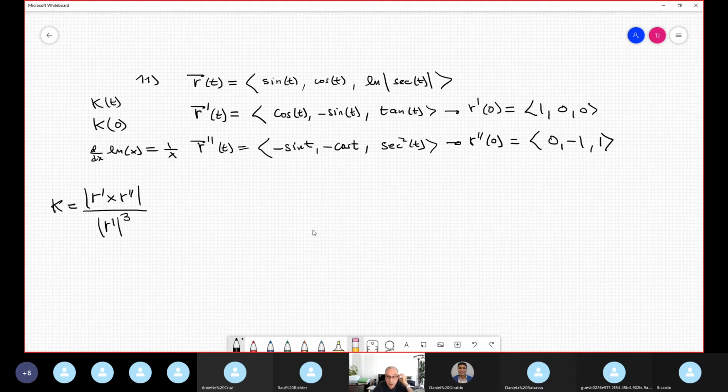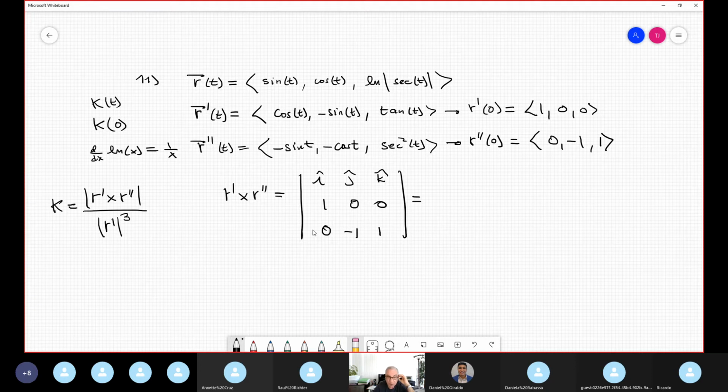Okay, super. So my goal now is to find the cross product. Of course, I try to find the magnitude of this, but first of all, the cross product. Of course, am I using the vector valued function using t? No, because I want the curvature specifically at t equals 0. So the easy way is to find i, j, k using the vectors 1, 0, 0 and 0, negative 1, 1.